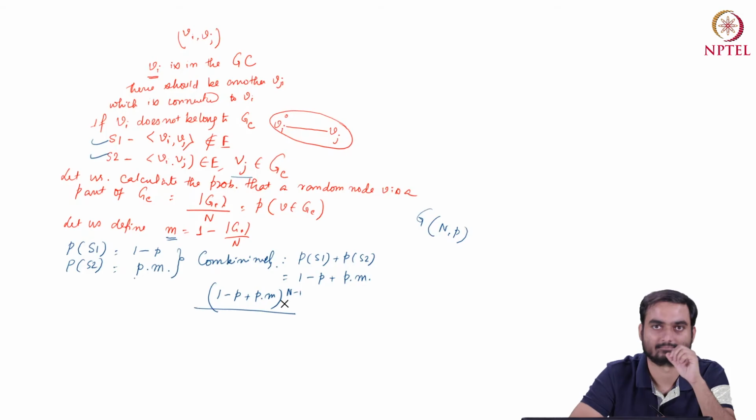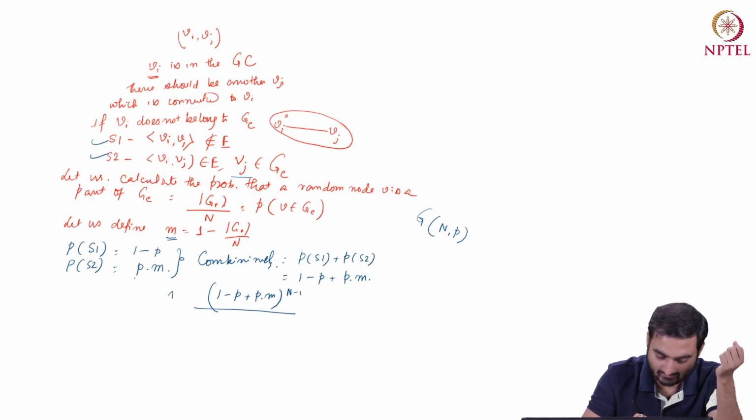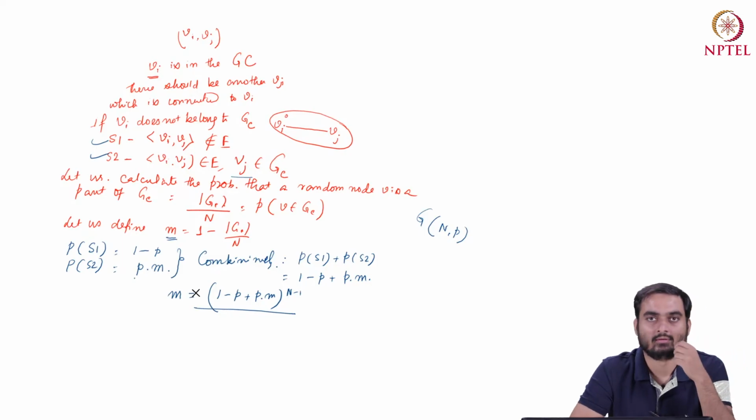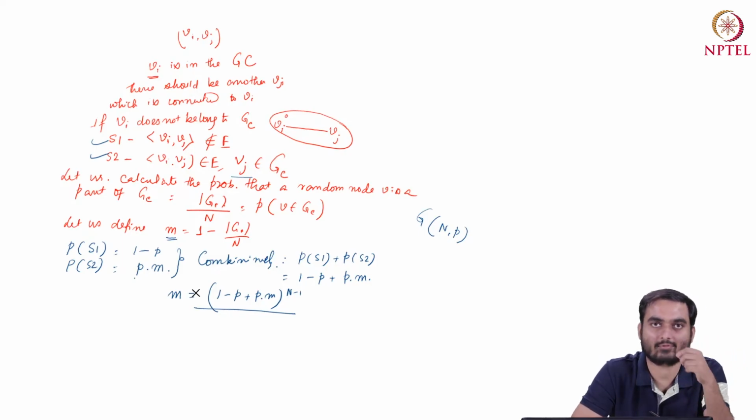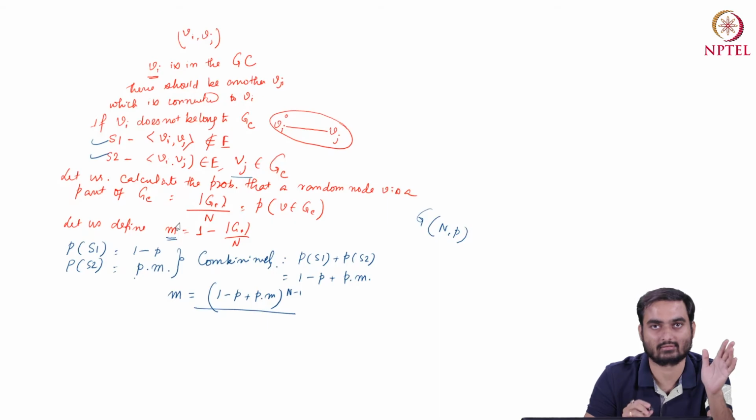Can we say that this is exactly the same as M? Because M also says that the probability that a node does not belong to the giant component is M. So this is M exactly.